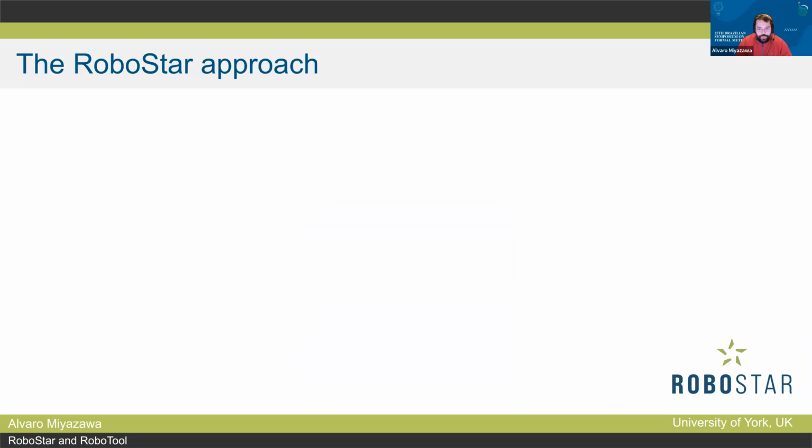Now, the approach that our group is proposing is based on domain-specific models for robotics, and it starts with two languages that we're calling RoboChart and RoboWorld. We'll talk a little bit more about what these languages are.